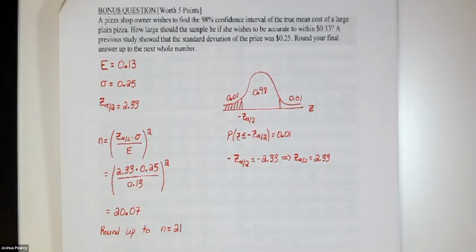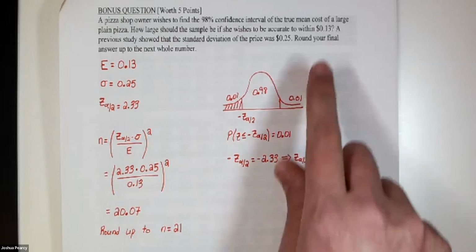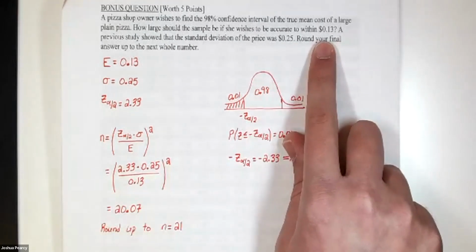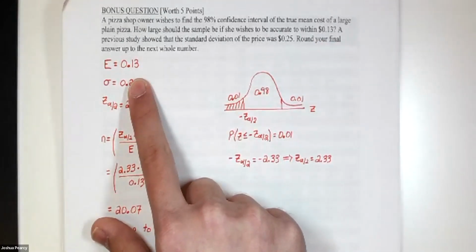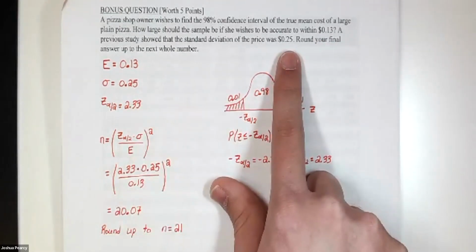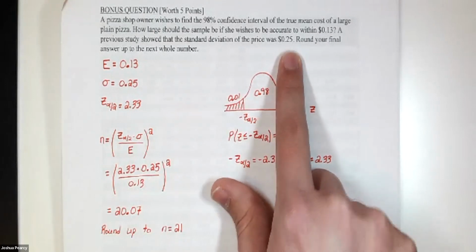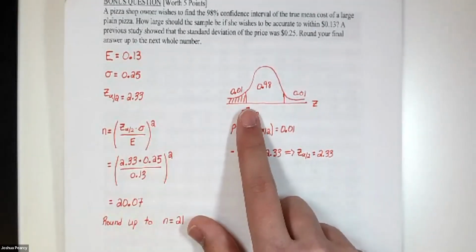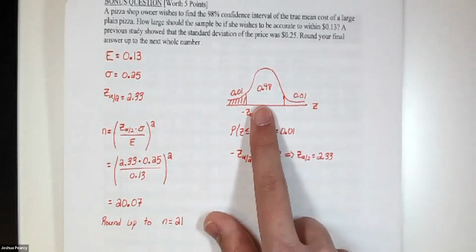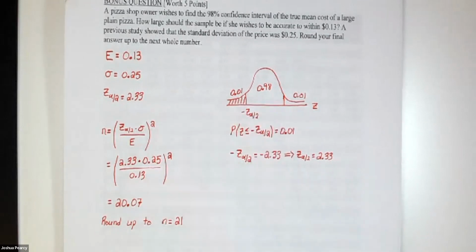Using this, you can identify what is E and what is sigma. So in this case, we want to be accurate within 13 cents. So E is 0.13. Sigma is 25 cents or 0.25. Z alpha over 2, you had to find that. So what you had to do was look at the area in between two z-scores is 0.98.